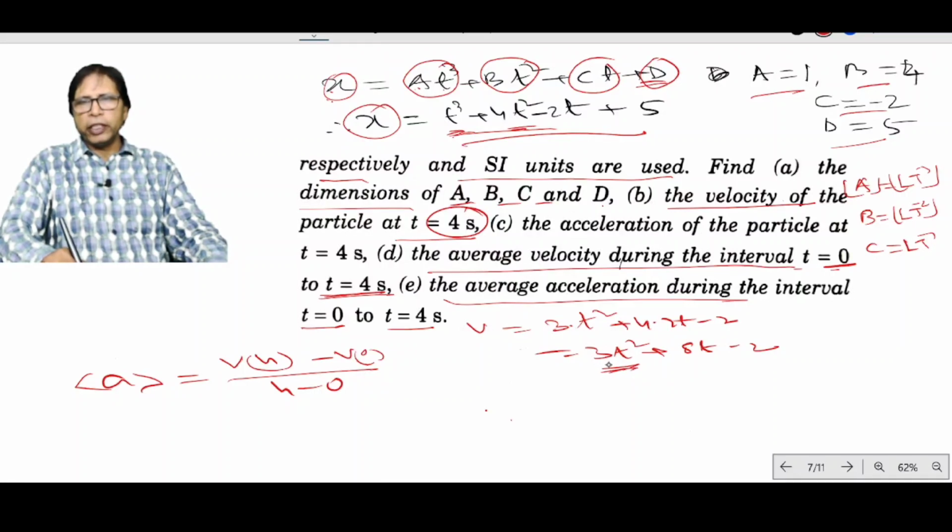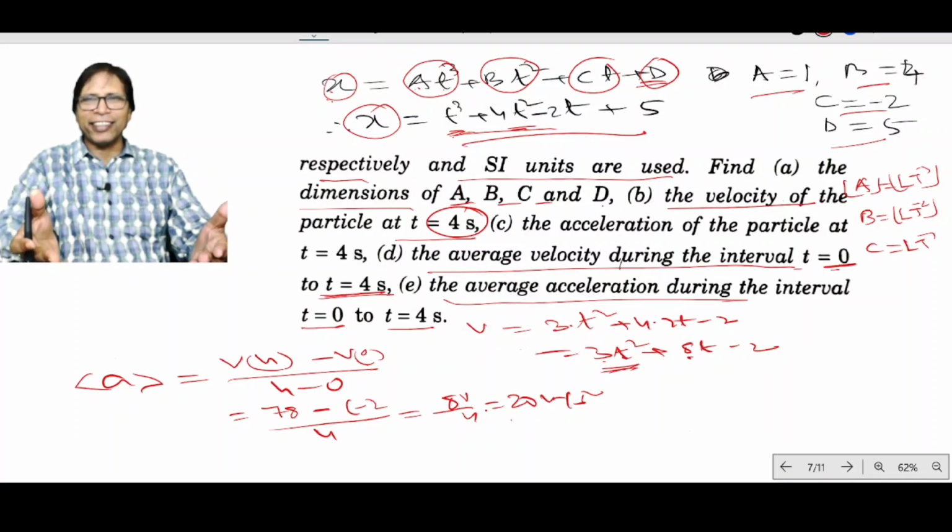Now v4 means 3 into 16, 48, plus 32 minus 2, so this is 78. Minus v0, which is minus 2, divided by 4. So look at this, this is 80 by 4. So 20 meter per second square is the average acceleration.